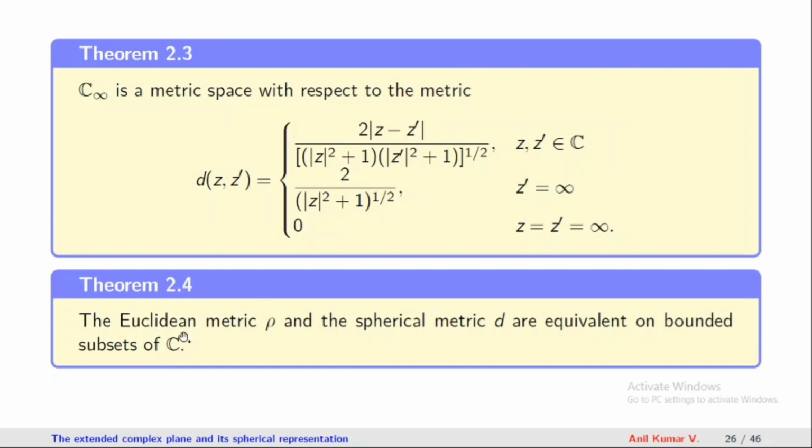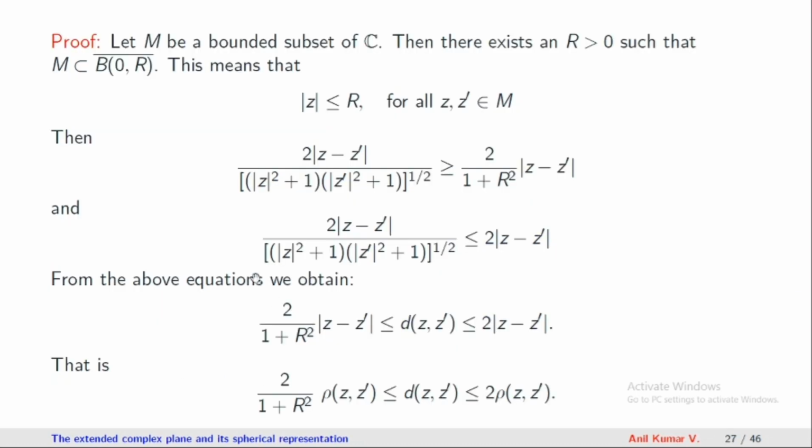So the next theorem tells us that the Euclidean metric rho and the spherical distance d are equivalent on bounded subsets of C. The proof is also quite simple.